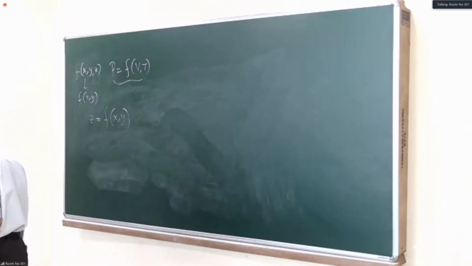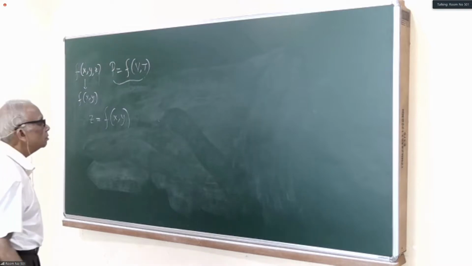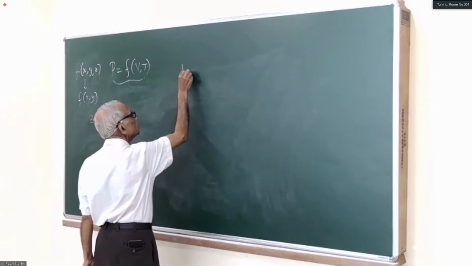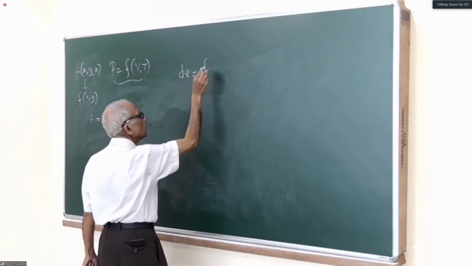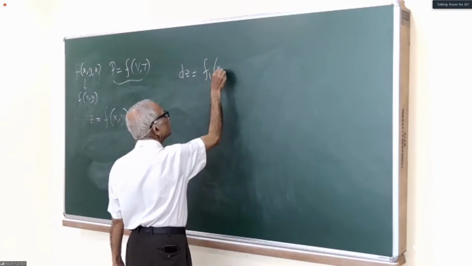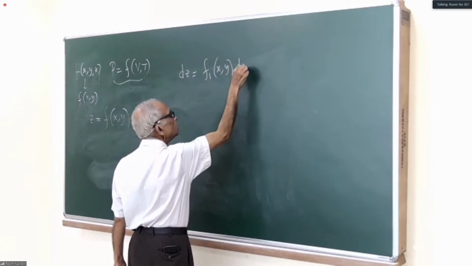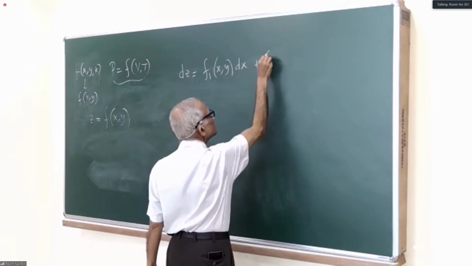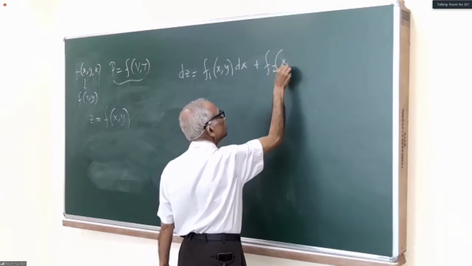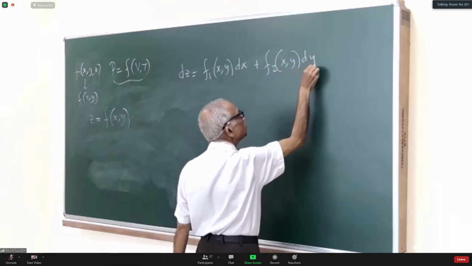But suppose I don't give you z equal to f of x,y, but I give you dz is equal to f1 of x,y dx plus f2 of x,y dy.